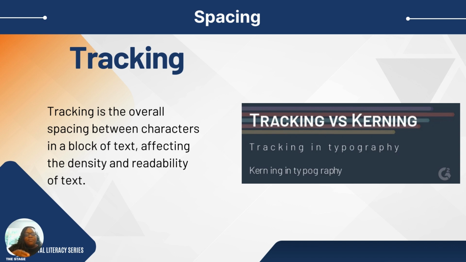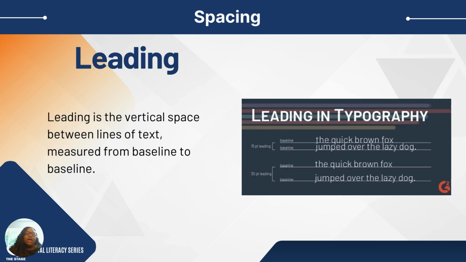Kerning and typography, as you see, if you mess up the kerning in between the letters themselves, you have one block of text where it's supposed to say kerning and typography, and now it looks like kerning in typography. So it looks like a whole different phrase. That's the importance of kerning and tracking. You want to use your best eye to ensure that readers are getting the accurate message from the text that you're using.